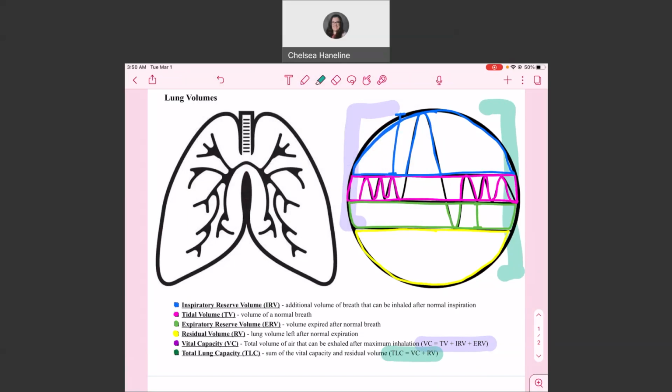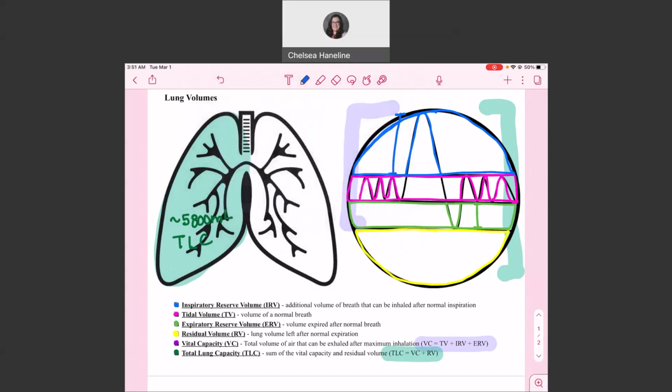Whatever color you chose for total lung capacity, I want you to color, and then we're going to note that the total lung capacity is typically approximately 5,800 milliliters. Then I would like you to note on the right side of the lung that we're going to divide it up into the different sections of our colored graph.